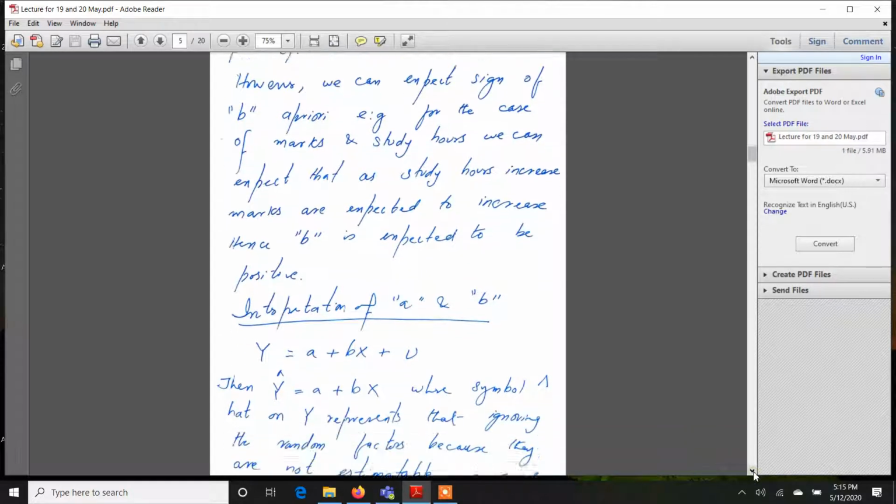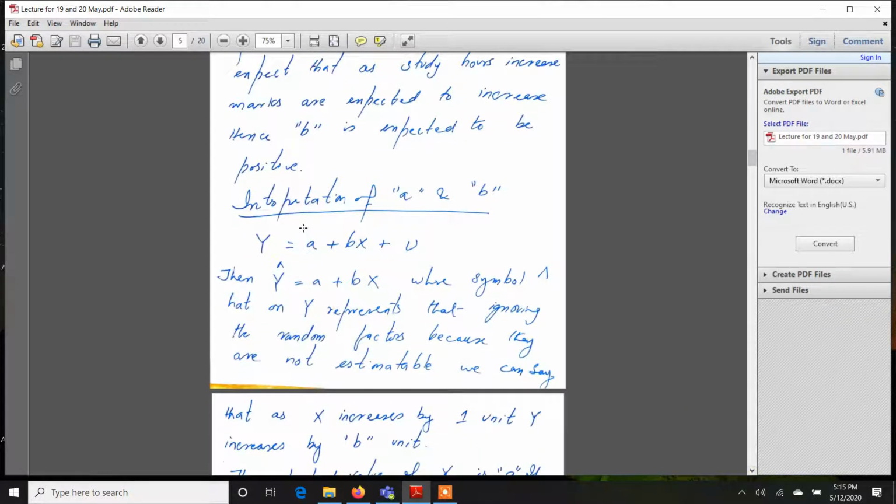Now we come to the interpretation of a and b, that is, the intercept and the slope coefficient. If I put a hat on y, that means that for the time being I am ignoring the impact of random factors. That is why I'm saying this is now an estimated value of the dependent variable.